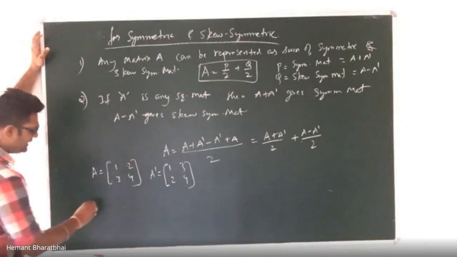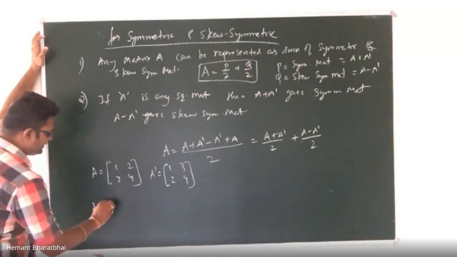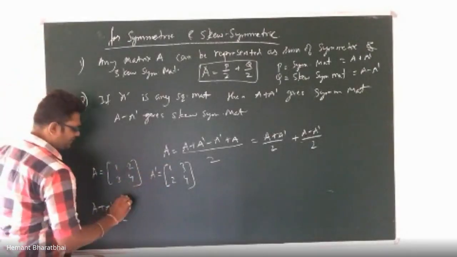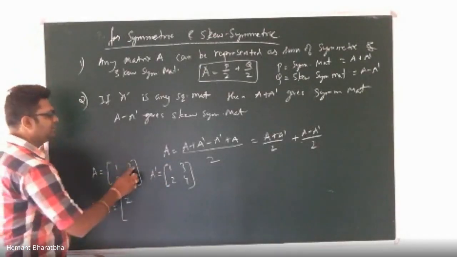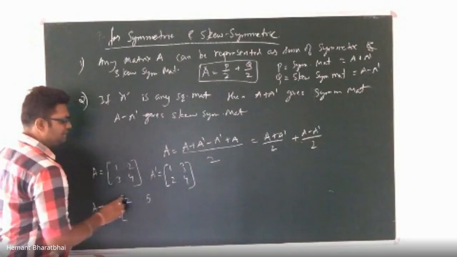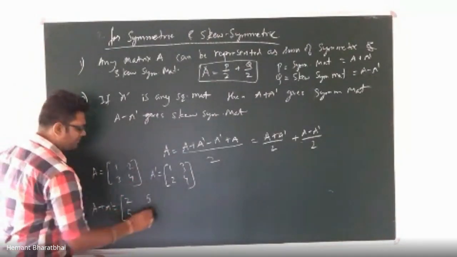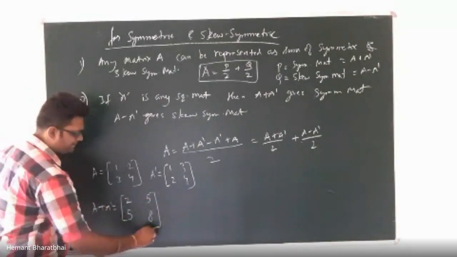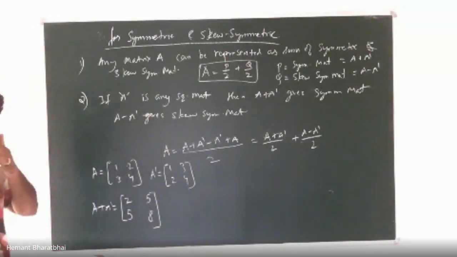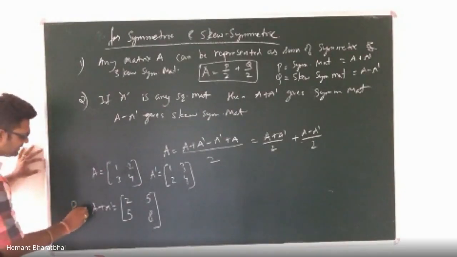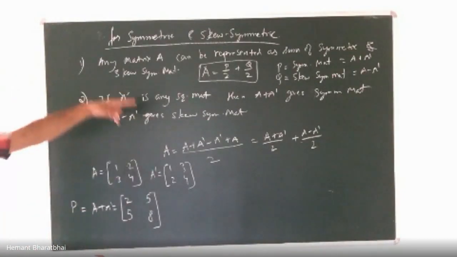So if I add these two matrices, A plus A transpose, I get 1 plus 1, that is 2, 2 plus 3, that is 5, 3 plus 2, that is 5, 4 plus 4, that is 8. So let me represent this as P.